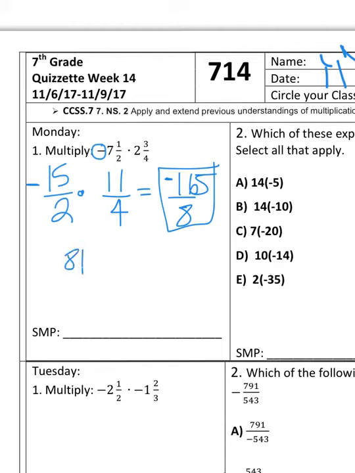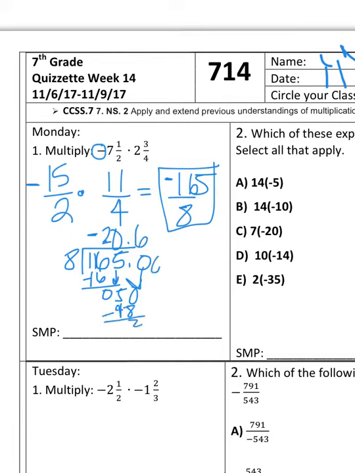So you have 8 divided into 165. And you know it's going to be negative, so you can put the answer on top. 8 goes into 16 2 times. 16 minus 16 is 0. Bring down the 5. 8 cannot go into 5. So you put a 0 up there, add your decimal, add another 0, bring it down. 8 goes into 50 6 times. 6 times 8 is 48.